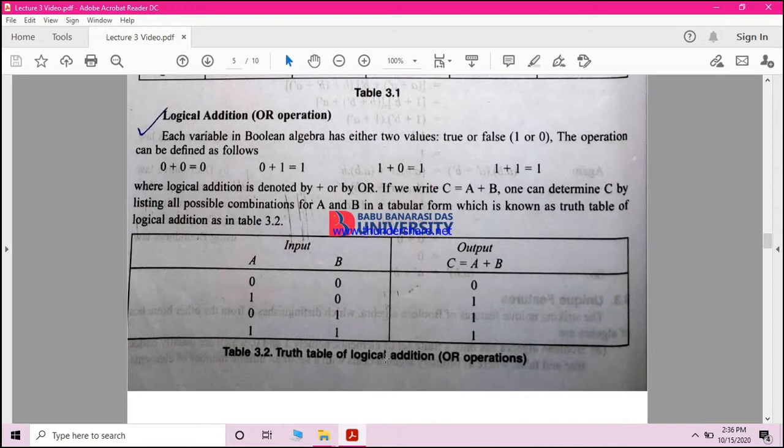Either condition 1 is true or condition 2 is true. If either condition is true, then the next statement will get executed. That means when either of the inputs or either of the conditions is 1, then the output will be 1.